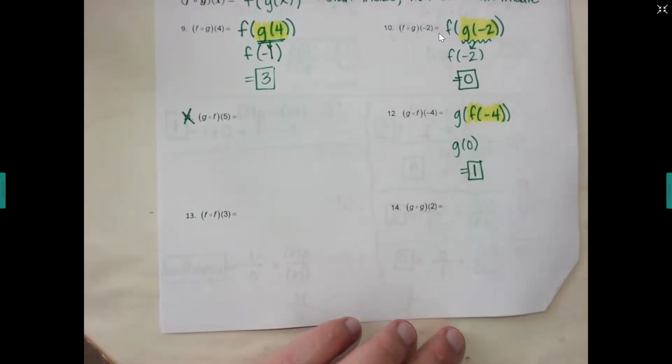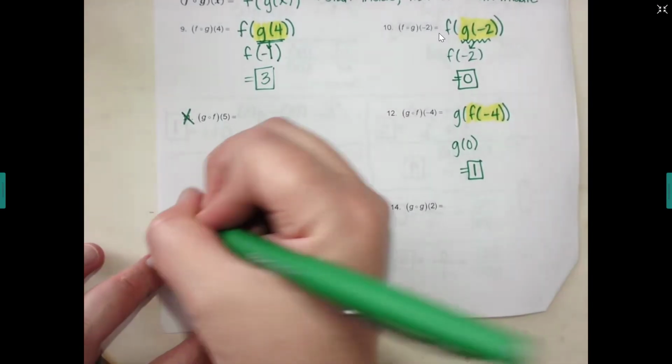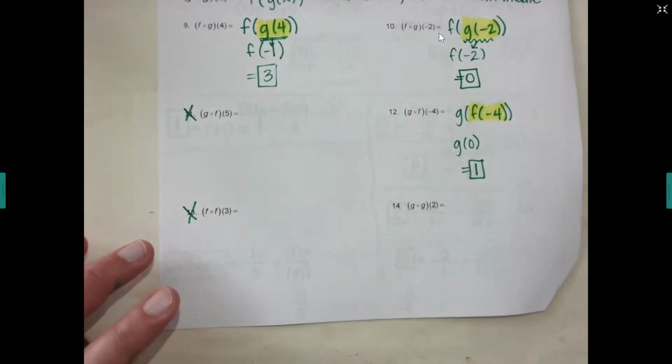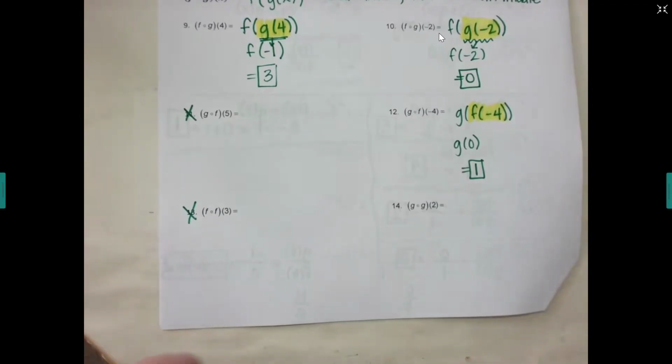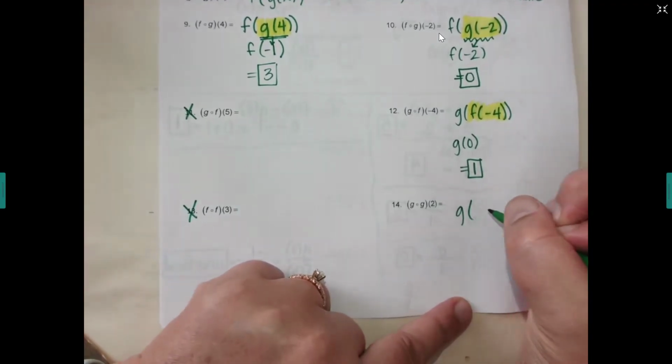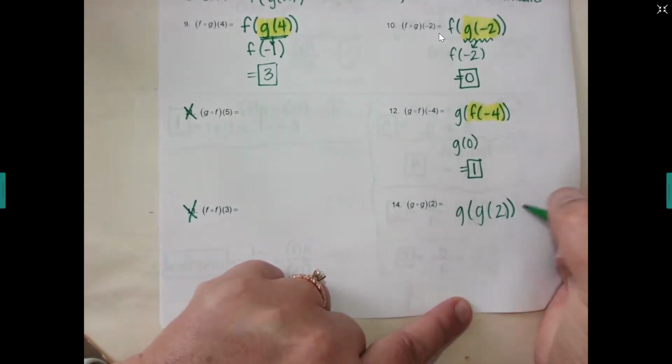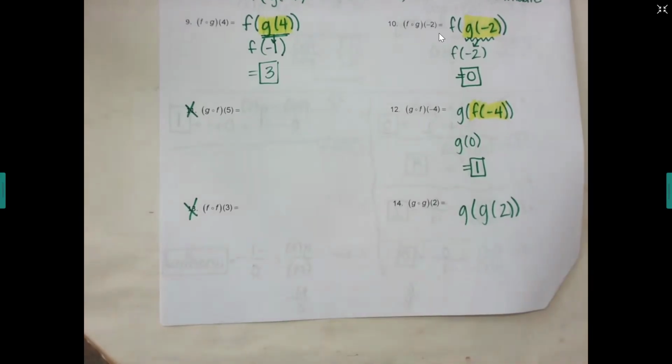Okay. We'll do one more off the bottom row. Let's do 14. Okay, we want g composition g of 2. Then that's going to be g of g of 2, which means I'm looking at the graph of g both times. I'm going to start at what x value? 2. And then whatever that answer is, that's where I'm going to go next, but still on g.